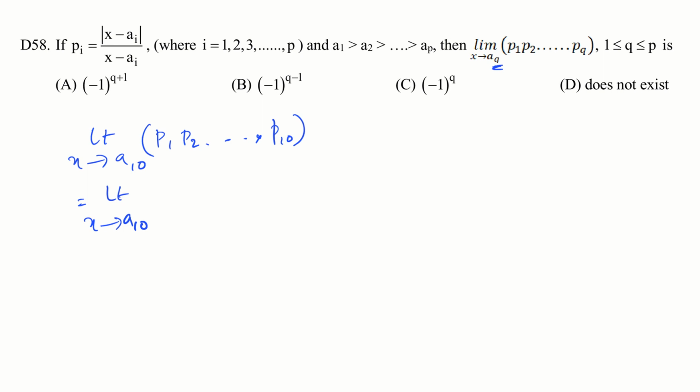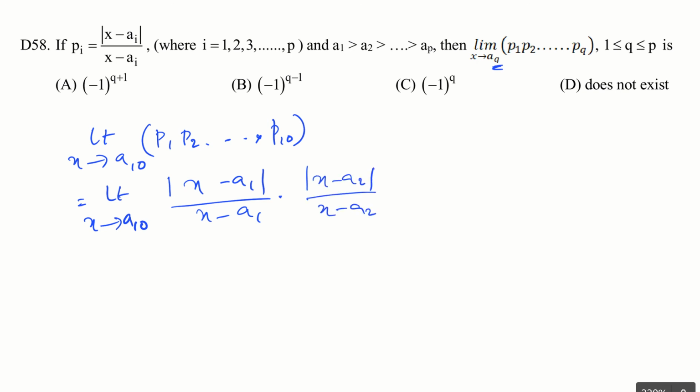P1 is nothing but mod of a10 minus a1 by x minus a1, into mod of x minus a2 by x minus a2 is p2.